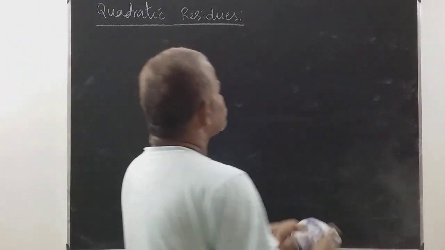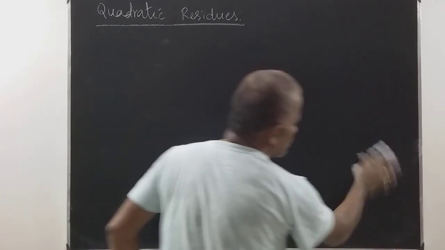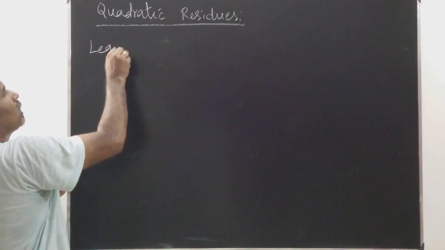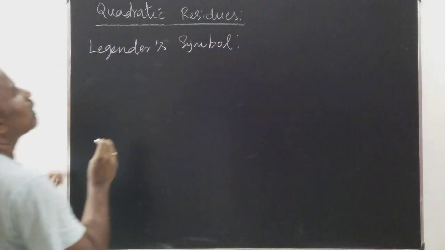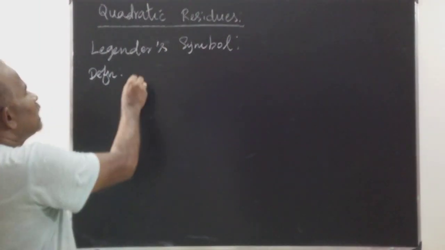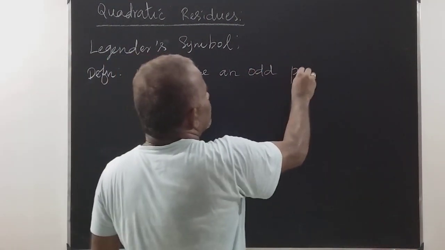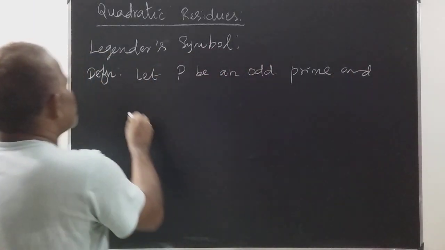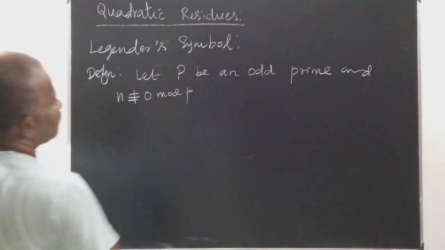The next is Legendre symbols. Definition: let p be an odd prime and n not congruent to 0 mod p.